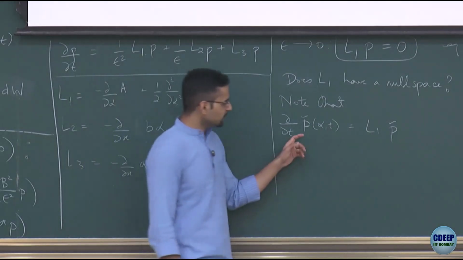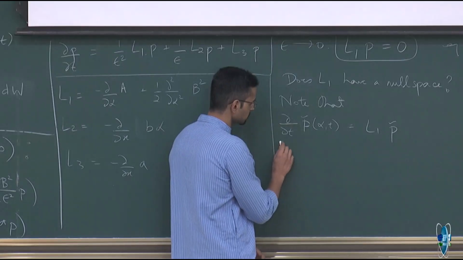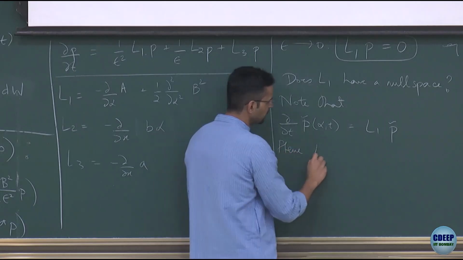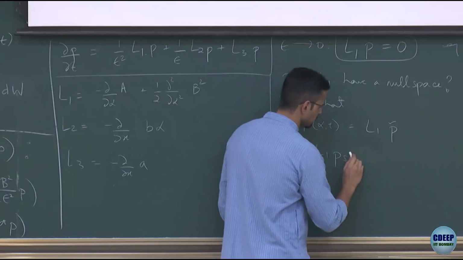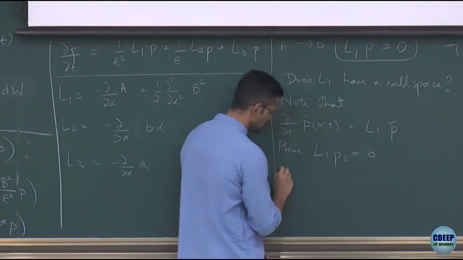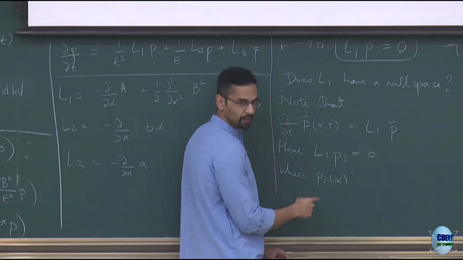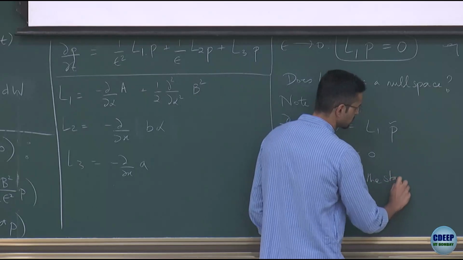Hence I will have L1 PS equal to 0, which is only a function of alpha, is the stationary distribution.